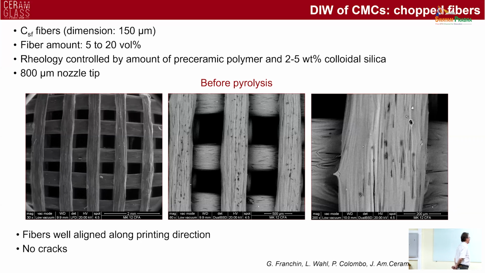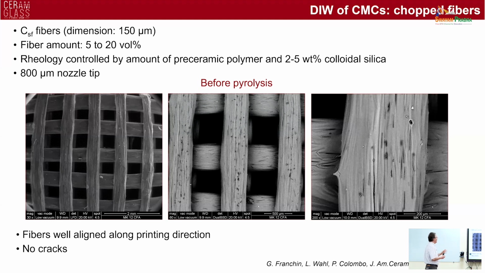Of course, in a composite, you would like to have a large volume of fibers, but if you mix your ink or your ceramic polymer with the fibers, then you realize that above a certain volume threshold, the fibers start to become interconnected within the volume of the ink, preventing extrusion.